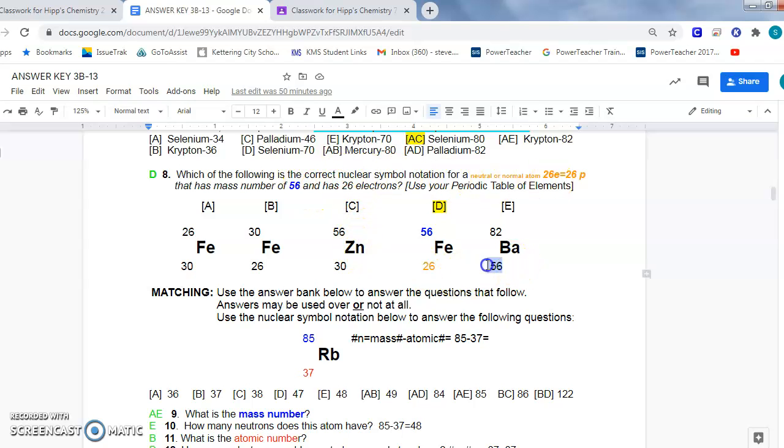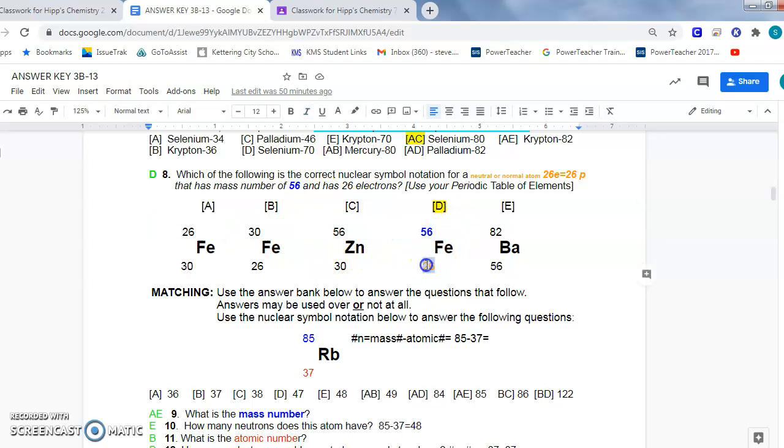So down here on the lower thing, we need a 26 because in nuclear symbol notation, the atomic number, the number of protons, goes in the lower left corner. On the periodic table, they can put that number anywhere, but in nuclear symbol format, it goes down. And then we're looking for the answer that has a 56, because mass number is the one that goes up.